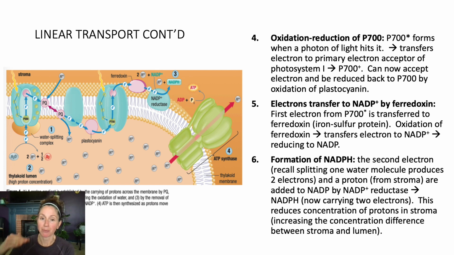So first NADP plus and then NADPH, and again removal of a hydrogen ion from the stroma occurs as NADPH is being produced. This NADPH is going to behave a lot like NADH, and we'll see that a little bit further on.